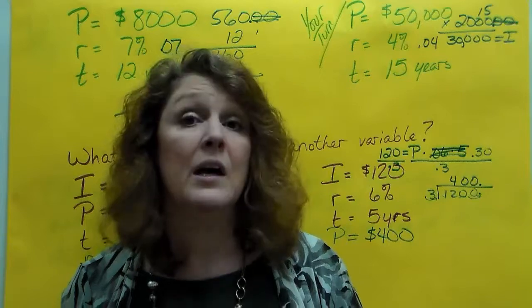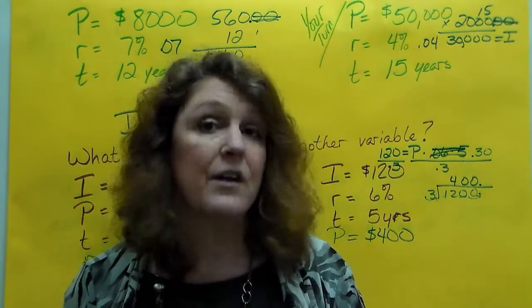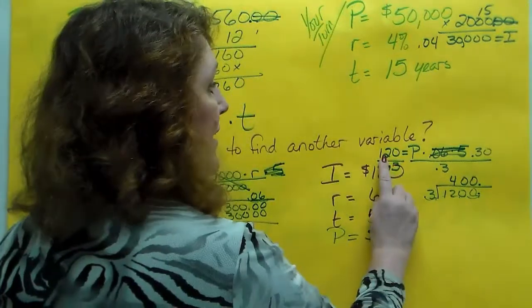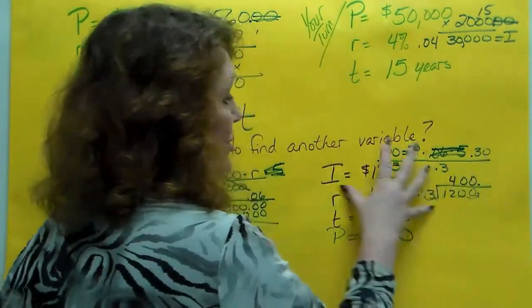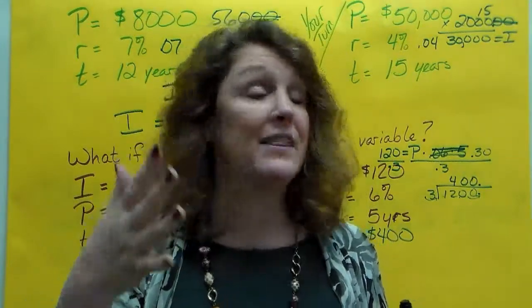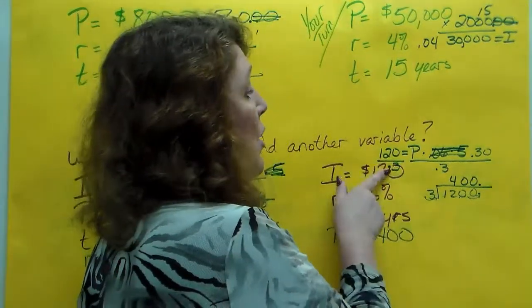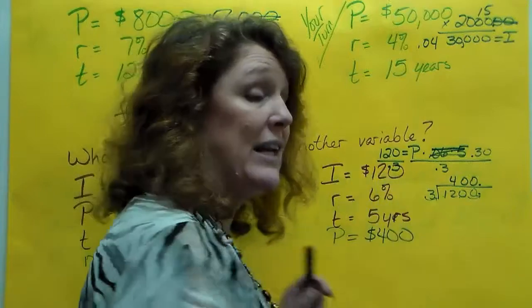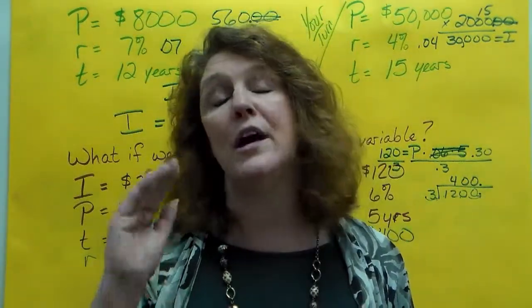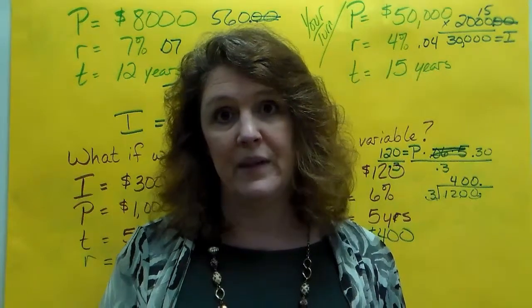Now, I am requiring that showing your work includes writing this down. Don't just look at all of this and decide what you're going to divide, because if you get them wrong, if you say it's 0.3 divided by 120 instead of 120 divided by 0.3, you're going to get the whole problem wrong and you're not going to know why.